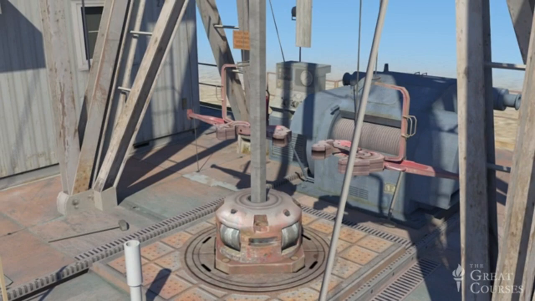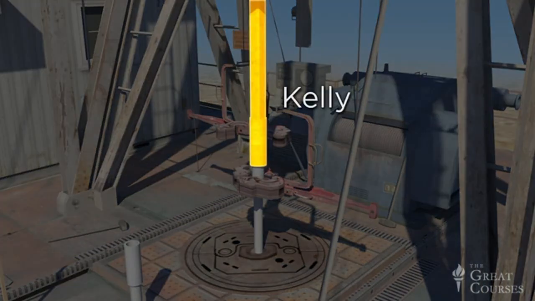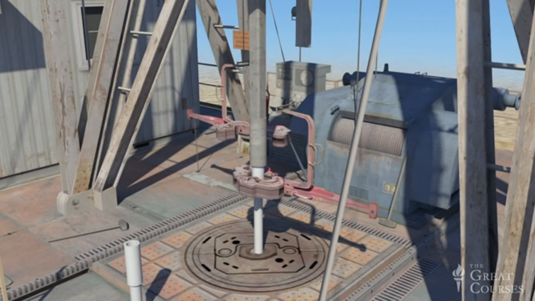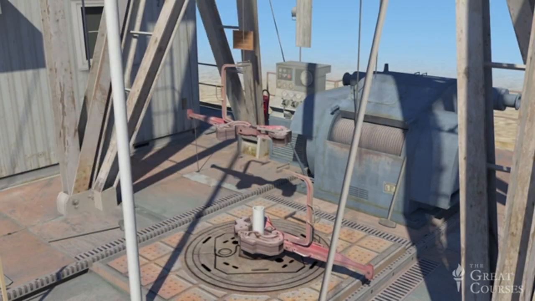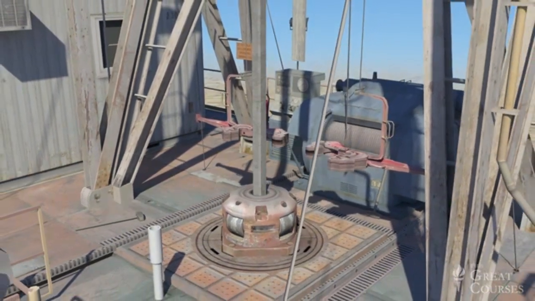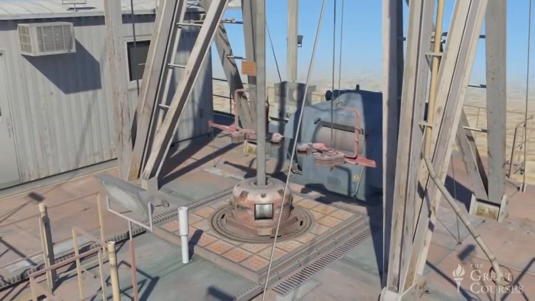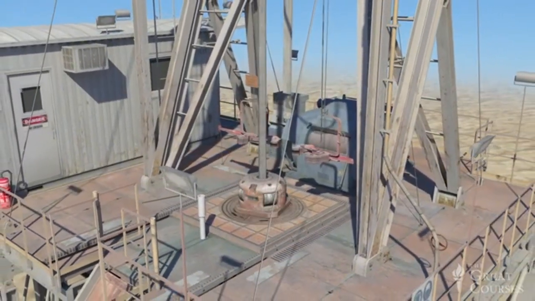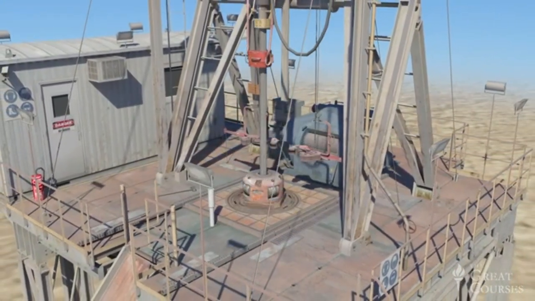A 4- or 6-sided pipe called the Kelly grips the top of the drill string and is inserted into a similarly shaped hole in the center of the turntable. Through this mechanism, the turntable rotates the drill string while allowing it to slide vertically downward as the bit advances.